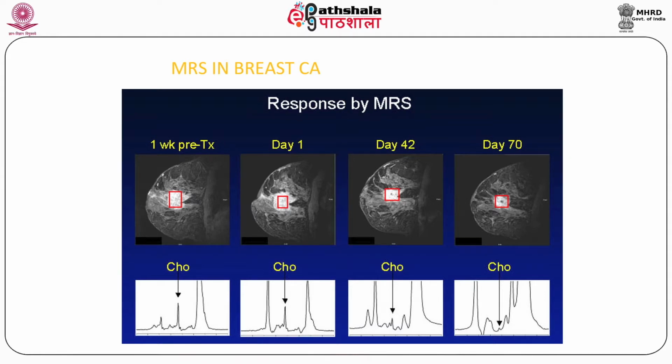This information could not have been obtained by a conventional MRI, which could only let us know based on size criteria, reduction in size and necrosis, whereas MRS can let us know the specific chemical changes that occur in responders when specifically charted over time.